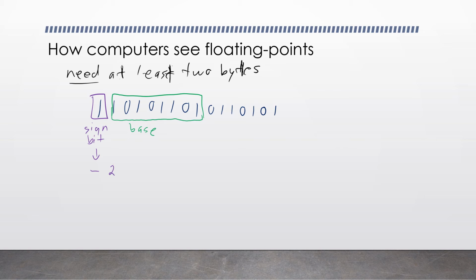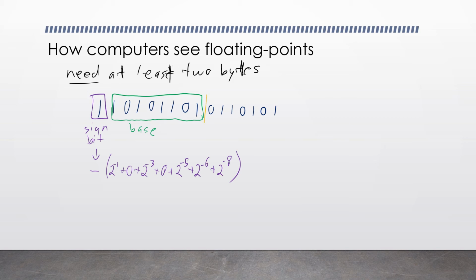So we'd have 2 to the negative 1 plus 0 plus 2 to the negative 3 plus 0 plus 2 to the negative 5 plus 2 to the negative 6 plus 2 to the negative 8. Okay, that's our base. Why do we use fractions of a power of 2? I'm honestly not sure why they chose to do it that way, but that's how the people in IEEE set the standard.